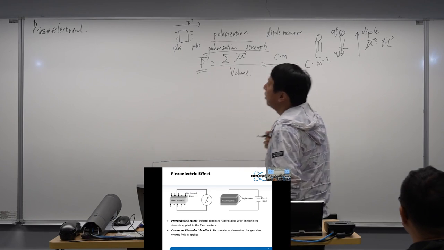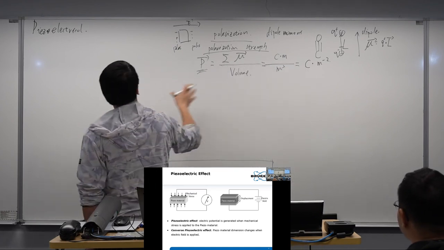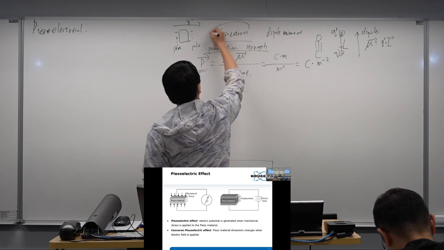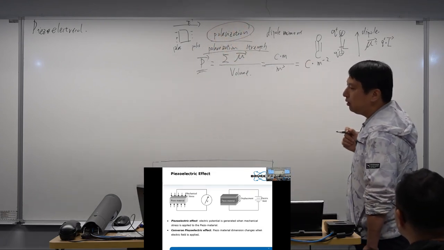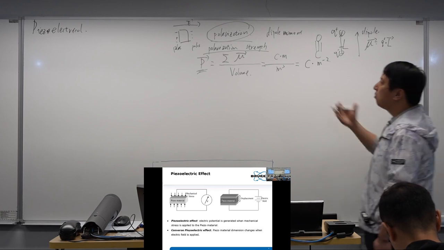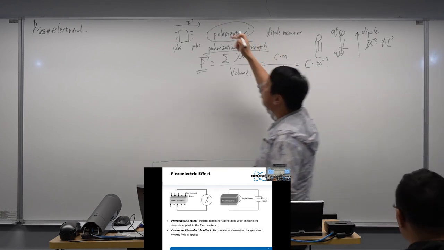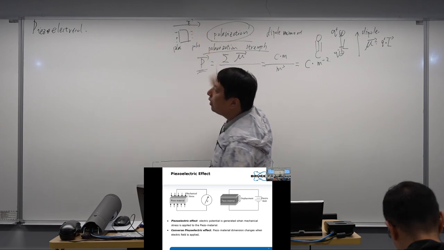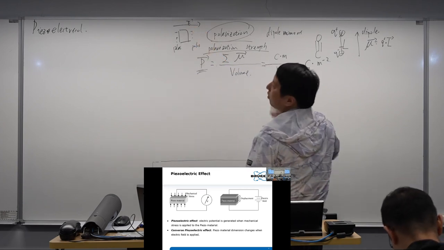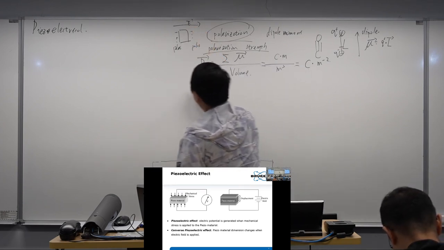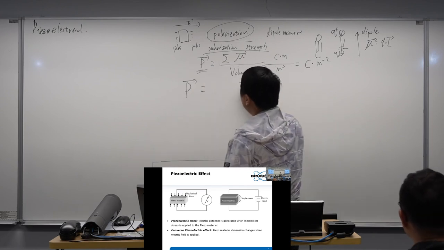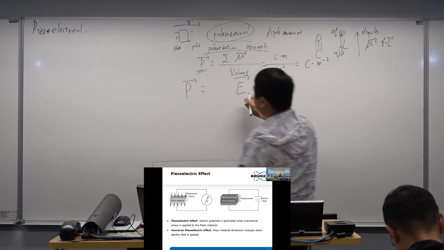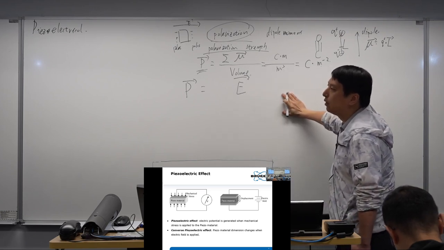Then next, how do we describe this polarization phenomenon? In our typical understanding, this polarization is just due to an external electric field. So easily we can describe it in this way: we have the polarization, and it is caused by the external electric field.